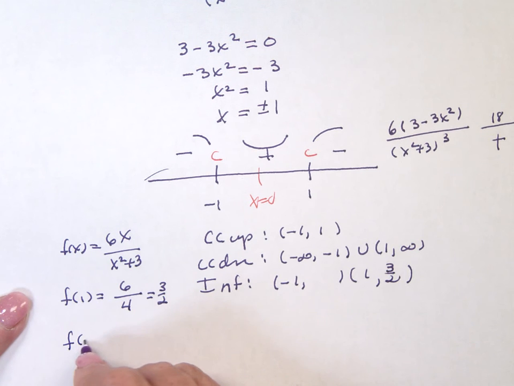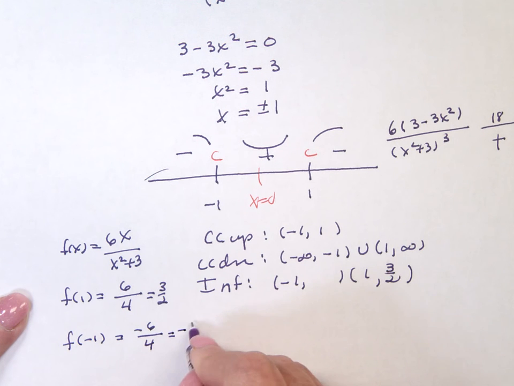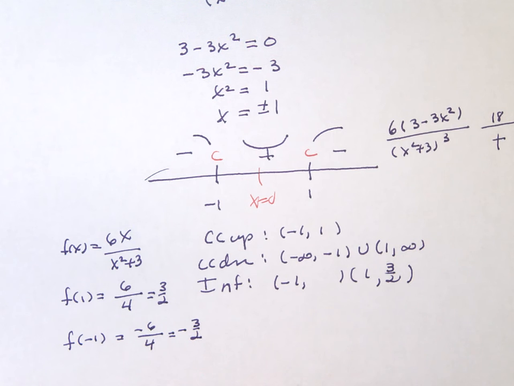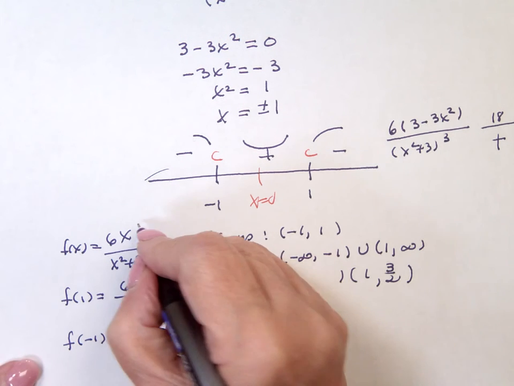And f of negative 1 is negative 6 over, well, same thing, 4, only the opposite number. No, it should be the same number, shouldn't it? I think he used the derivative. Because it was x squared over x squared plus 3. That's the original problem. It's a square.